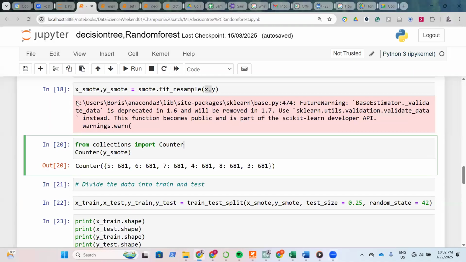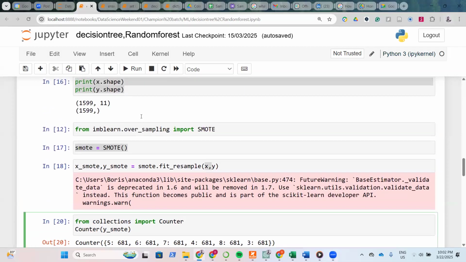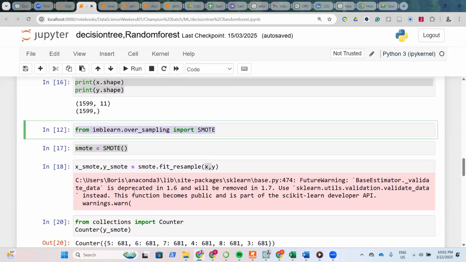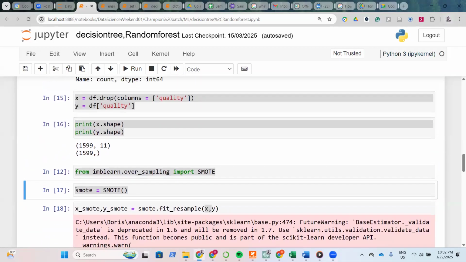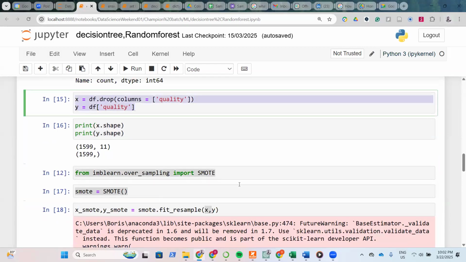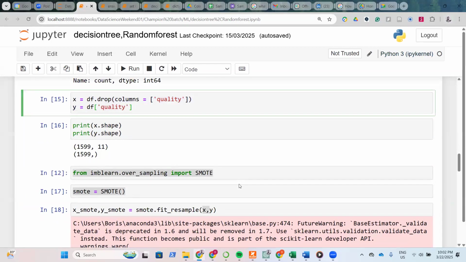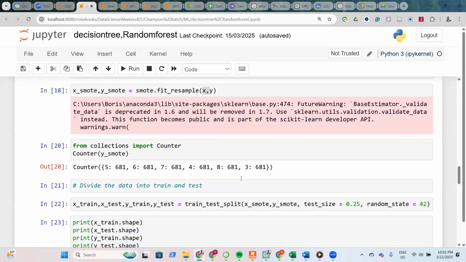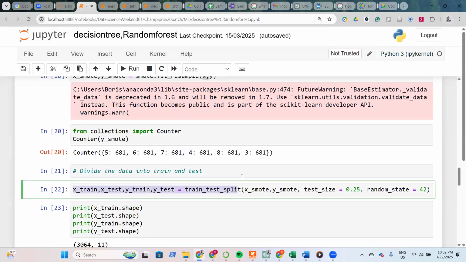Here we are specifying the target and the features, X and Y. And I used SMOTE on X and Y before splitting into train and test, right? And again, this is actually not good because it's going to introduce data leakage, like you pointed out.